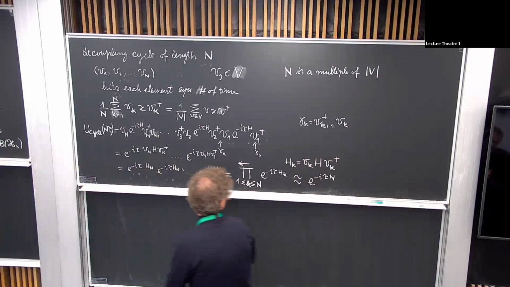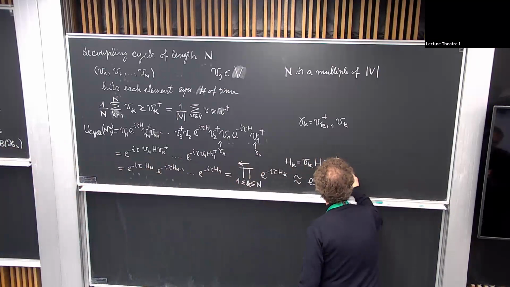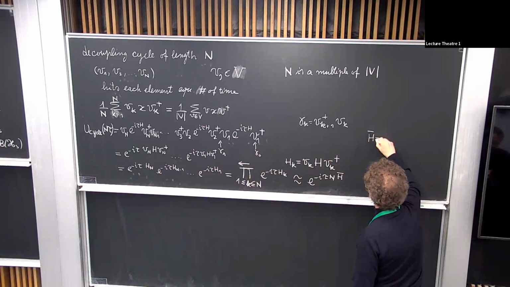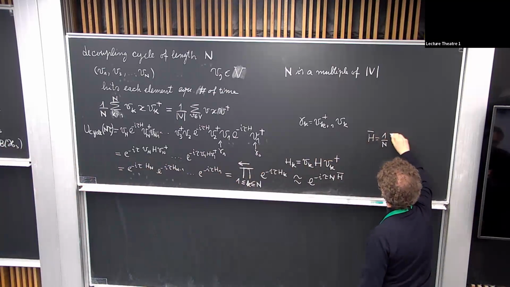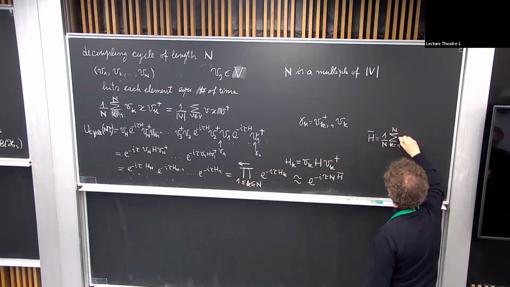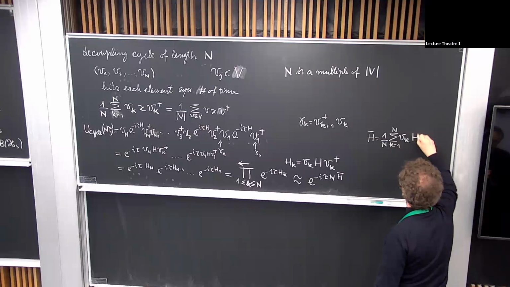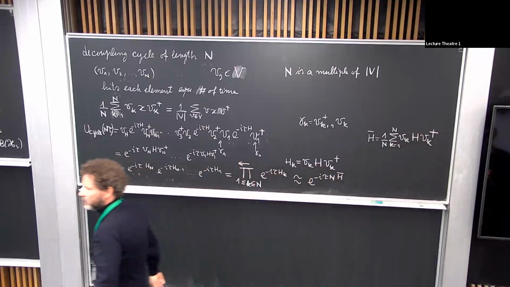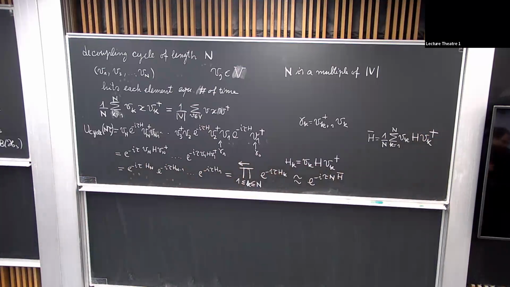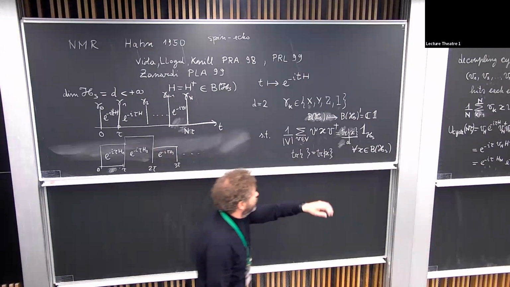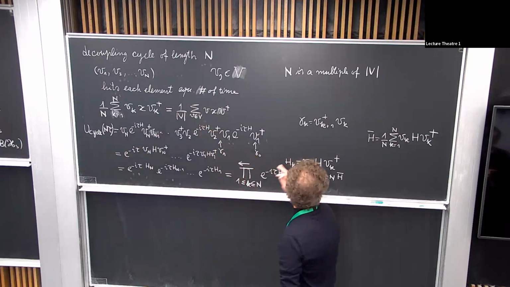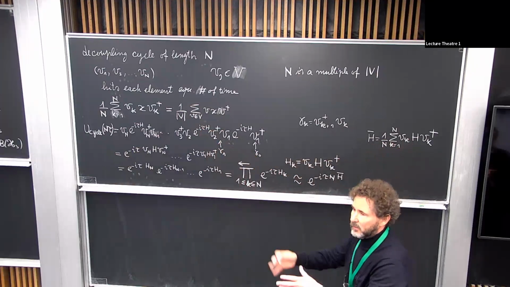And the phase would be exactly the trace of the Hamiltonian. So let me call this phase H bar. So H bar would be this average. And now, since this average is equal to the average over the decoupling set, this is nothing but the trace of the Hamiltonian.